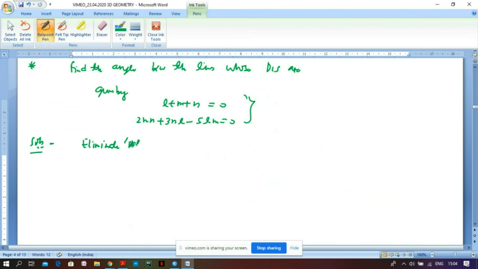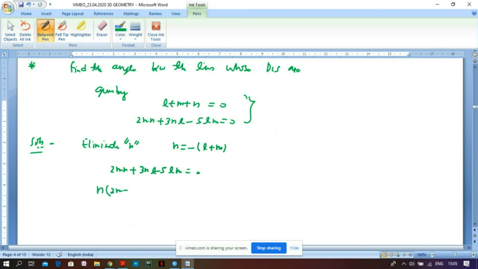If that is the case, using the first one, I can write N = -(L + M). I plug this N into the other equation, but first I rearrange 2MN + 3NL - 5LM = 0 by taking N common.